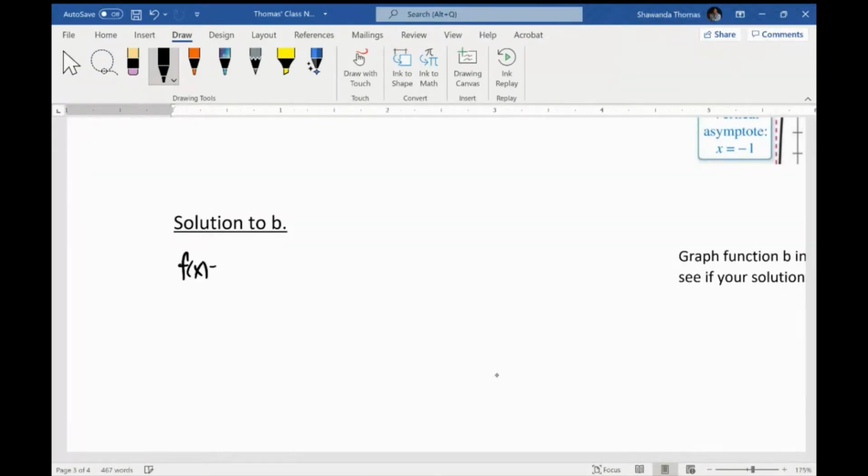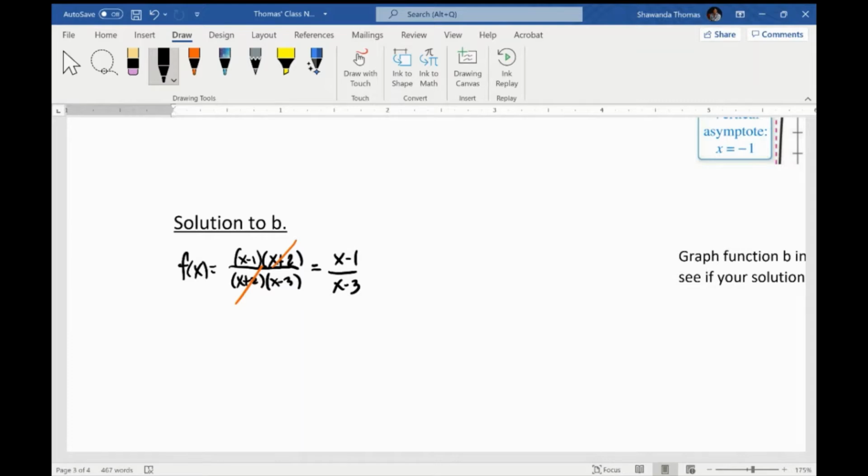We factored it as x minus 1 times x plus 2 over x minus 3 and x plus 2. And then we cancel out the common factors. And we got x minus 1 over x minus 3. Remember that.